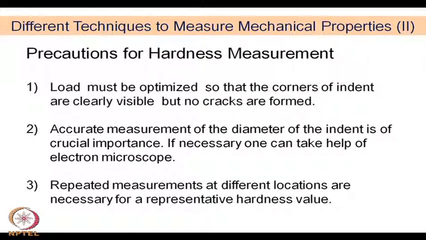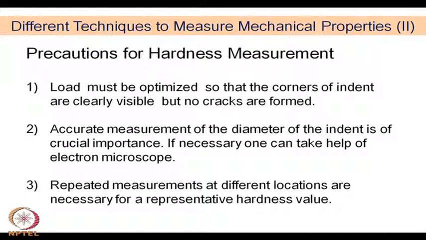Repeated measurements at different locations are necessary for a representative hardness value. Sometimes it is very difficult to find a homogeneous sample for many different reasons. So, there may be different grain sizes, there may be dual phase materials and so on.